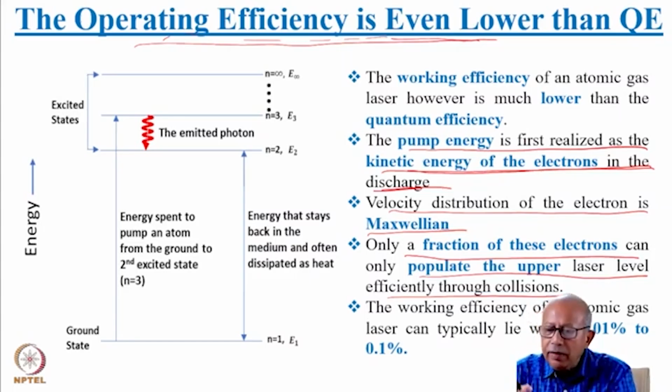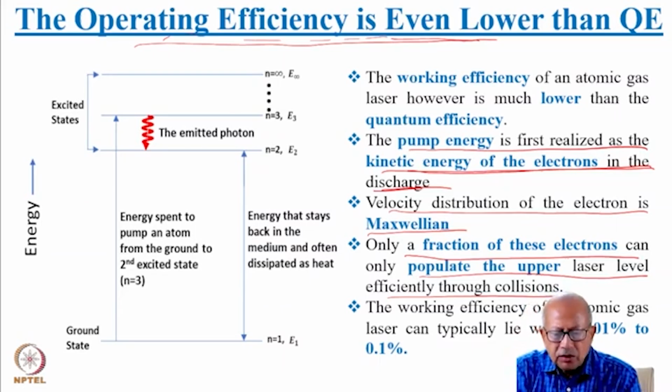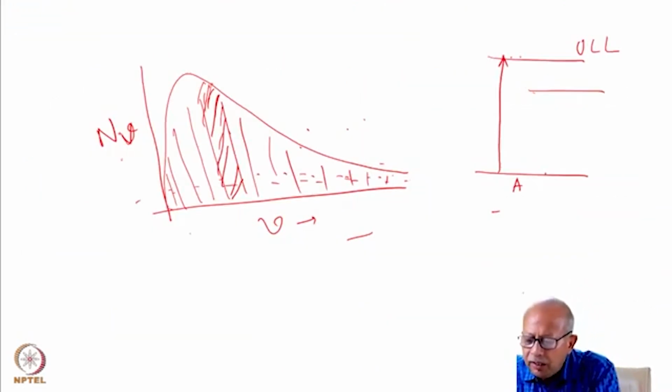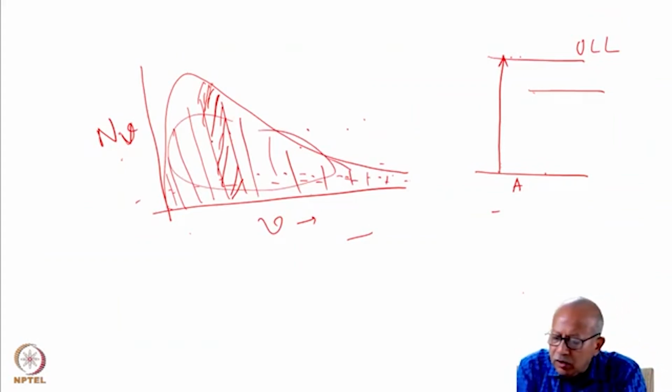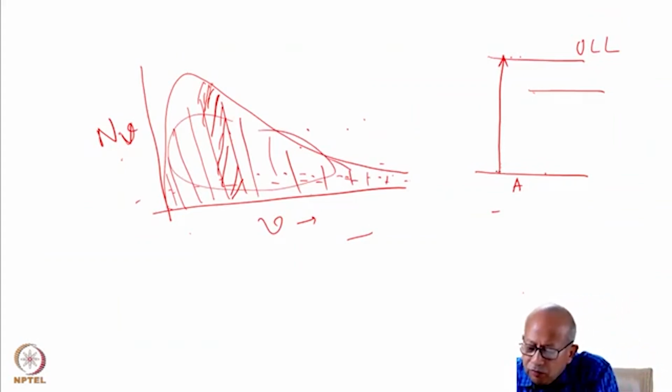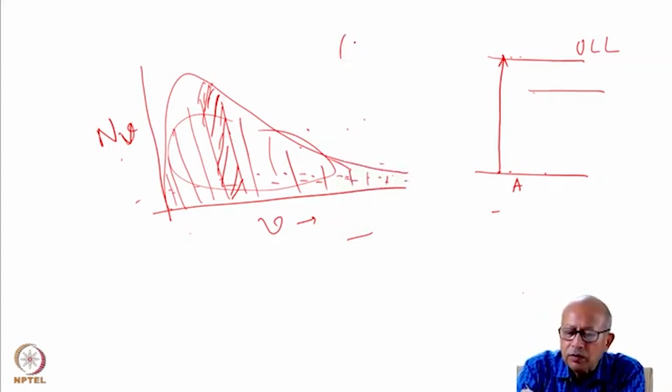For example, if the entire pumping energy can be consumed to transfer the population from the ground state to the excited state, if all this energy can be utilized to pump the atoms, then the operating efficiency of the laser will be just equal to the quantum efficiency.